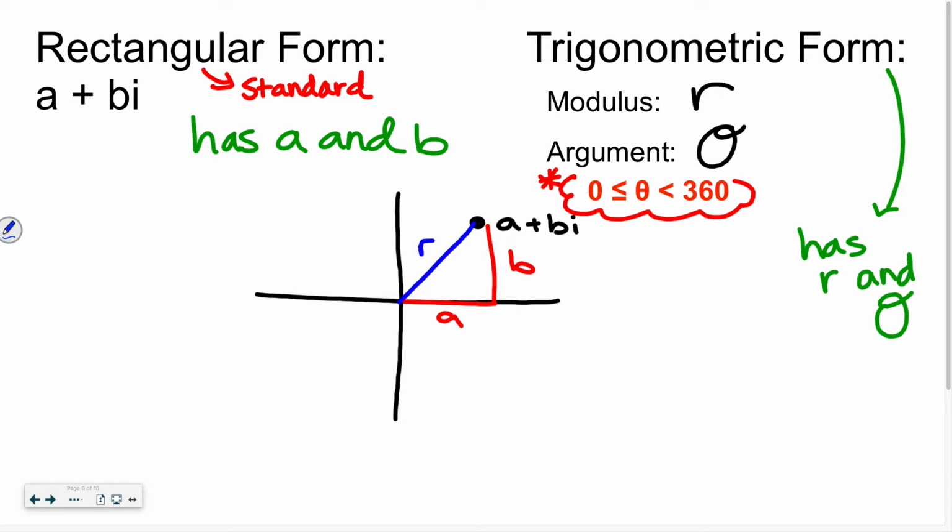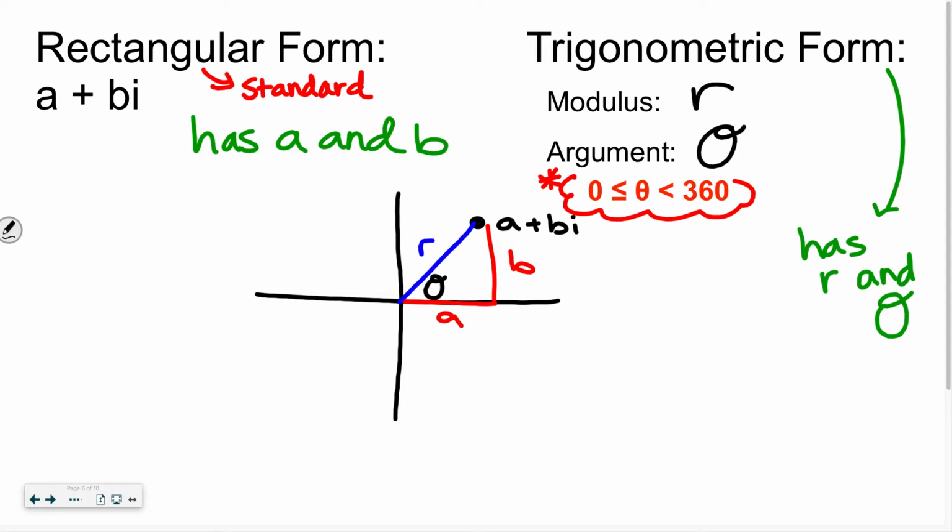So there's my R, my modulus. And theta, the angle, is always going to be happening right here around the origin. So what did I end up drawing? A right triangle.